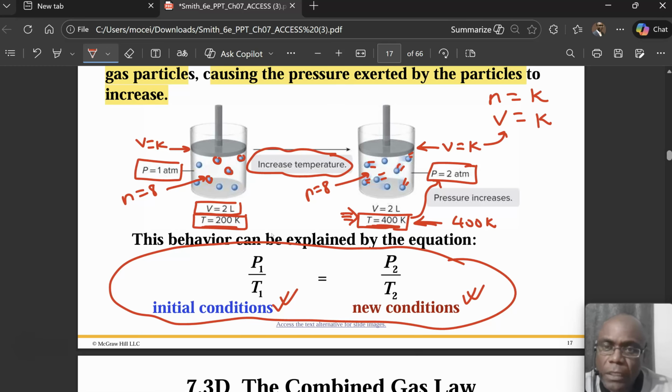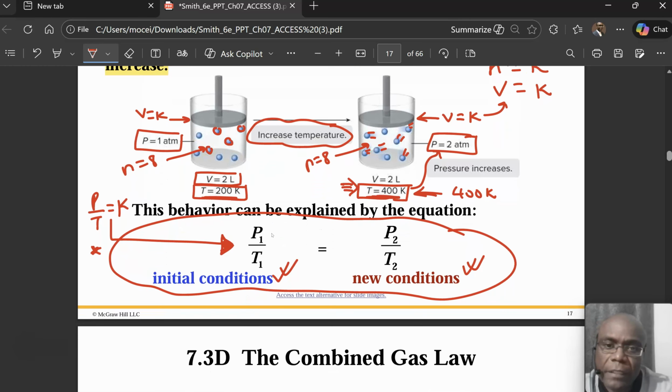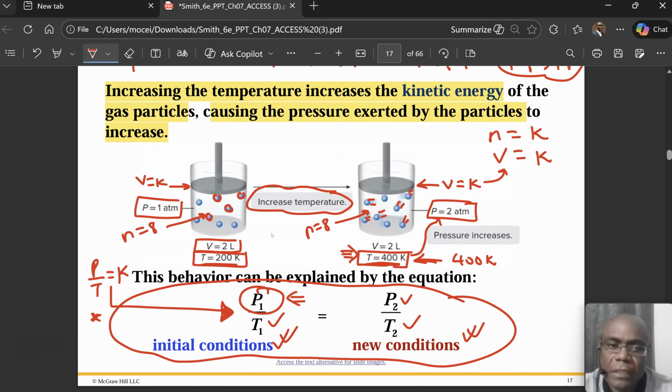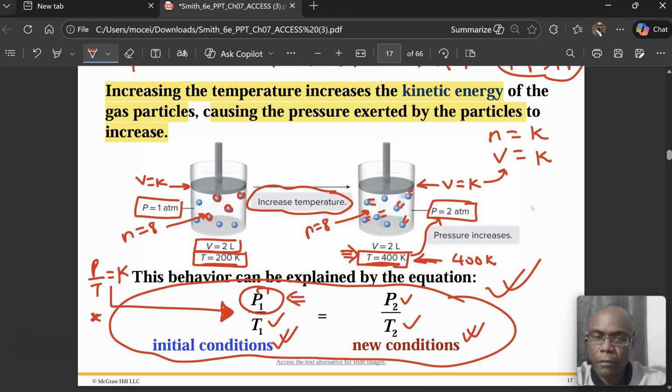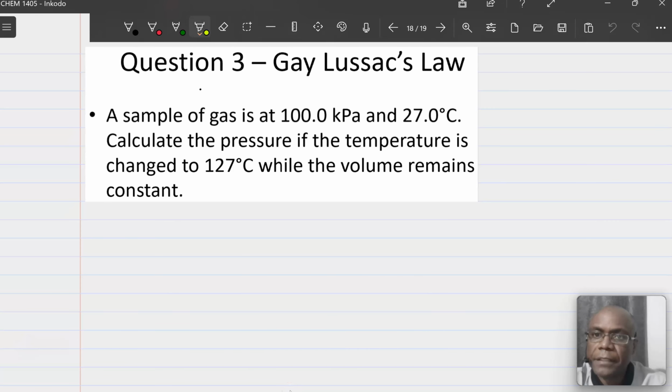Okay, so now knowing that P over T is always a constant, again, we can have this relationship of 4 variables. And if we know any 3 of these, for example, if you're looking for P1, you will be given T1, P2, T2, and you can find P1 or otherwise. So now let's do some examples using this equation on Gay-Lussac's law.